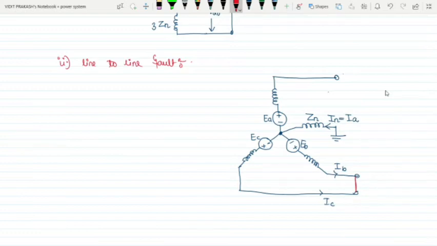So here we can tell that IB is equal to minus IC, because see the direction of current, both the currents are in the same direction, right? So IB is equal to minus IC.